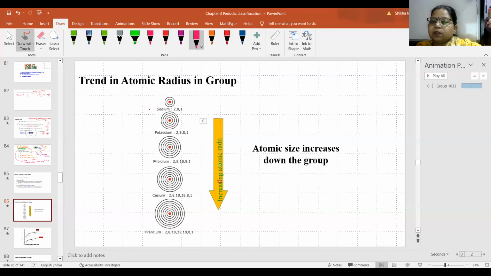So as the number of shells is increasing, atomic size has to increase. Is it pretty obvious to all of you? The simplest property is that atomic size increases as we go down the group.